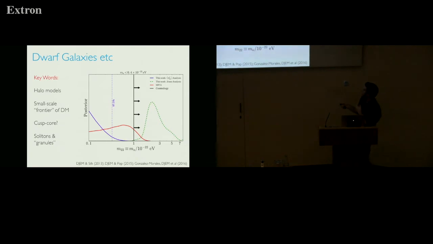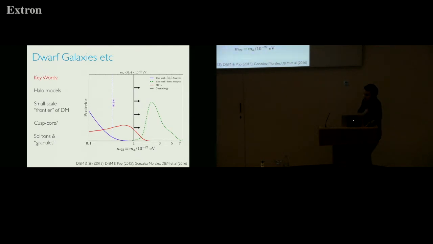We wanted to try and say, can we get a bound on the mass from the density profiles of the classical dwarves? So we started off by showing that you can't do this with Jeans analysis. So we did a Jeans analysis of the 8 classical dwarves, and we found the preferred mass related to what's called the cusp-core problem.